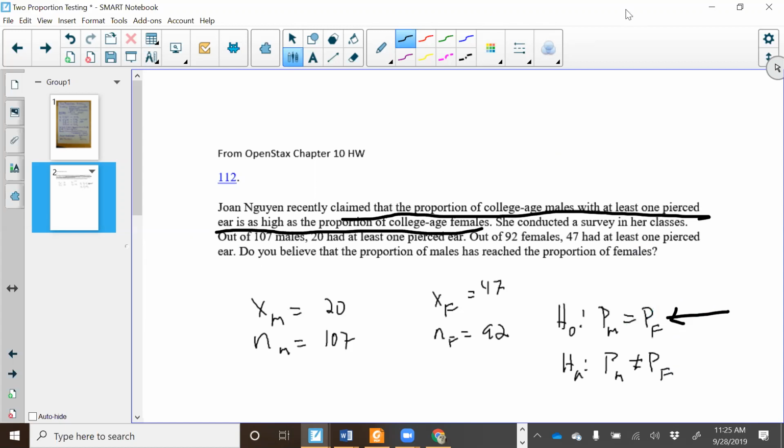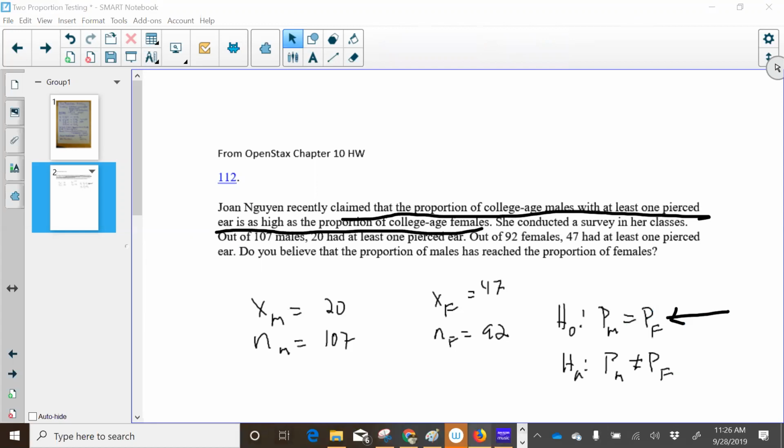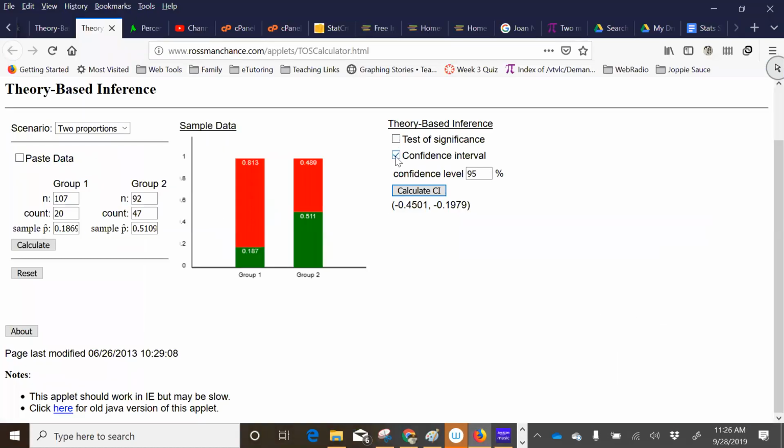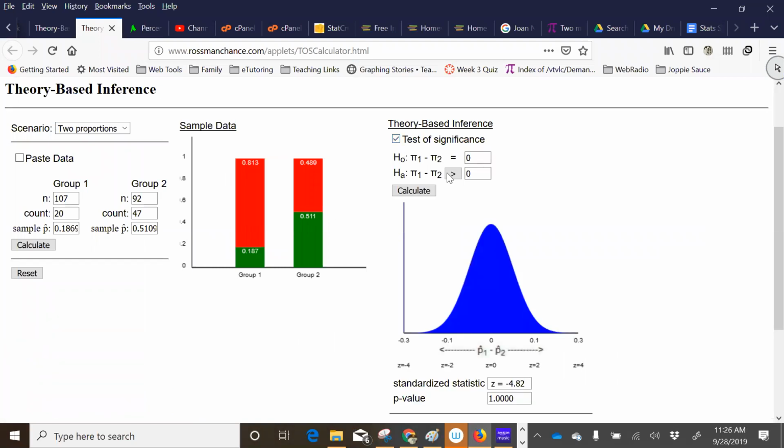So let's go out to Rossman Chance. And we'll run a significance test. I'm going to make this a two-tailed test. You see the way I click on that, I can change the direction. I haven't had to do that up until today, up until right now.